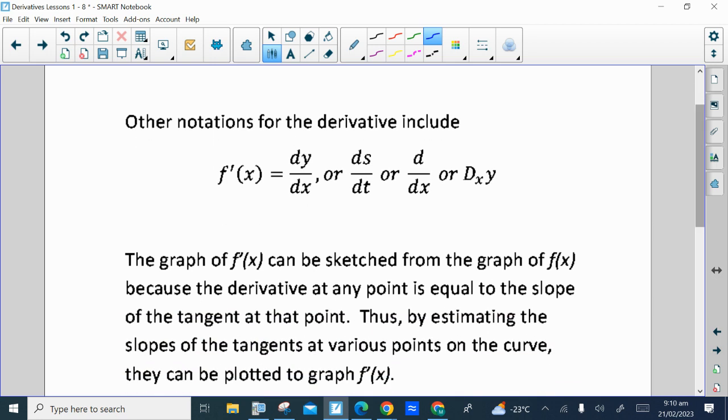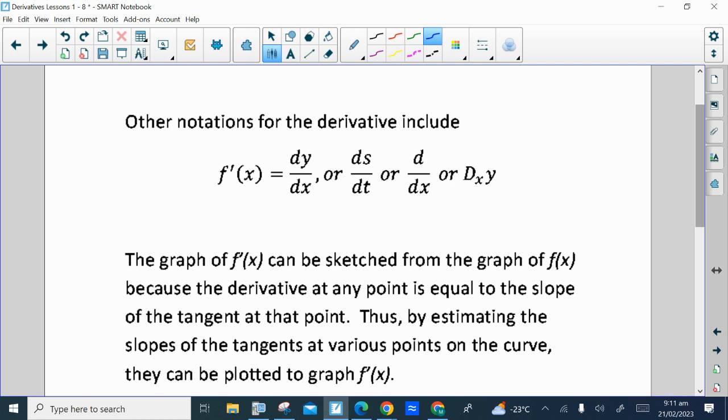Other notations for derivative. Okay, so we've seen f prime x means an expression for the derivative of f at x. So another common notation that's used is dy by dx. When you see dy by dx, that means the derivative of y with respect to x. That's another notation for derivative. But remember, sometimes our formulas may not involve x and y, right?